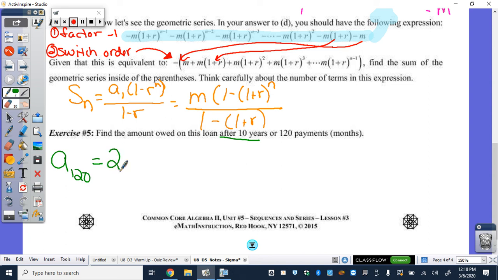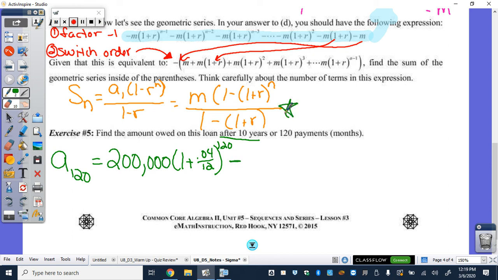We would start off with our principal amount, which was 200,000, times 1 plus 0.04 divided by 12 to the 120. Because again, we're going for 10 years, 120 payments.